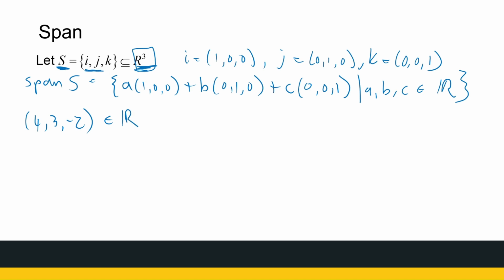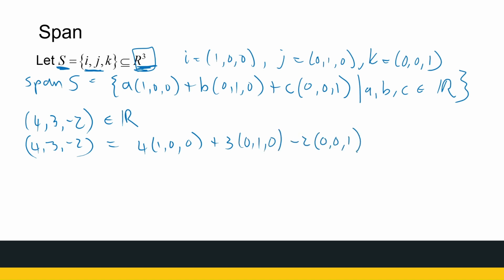Well, we know we can write 4, 3, minus 2 as 4 times 1, 0, 0, plus 3 times 0, 1, 0, minus 2 times 0, 0, 1. So I can write 4, 3, minus 2, which is in R3, as a linear combination of elements of S. So that is also in the span of S.